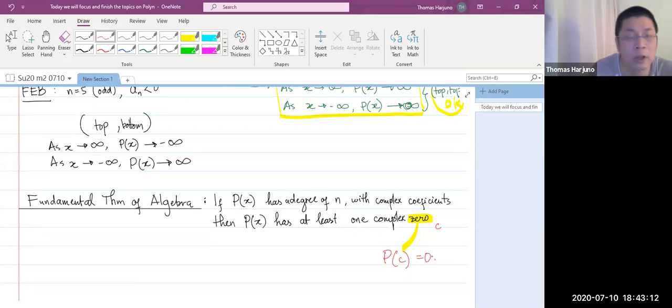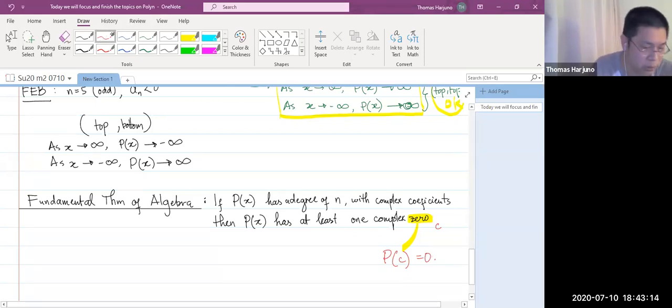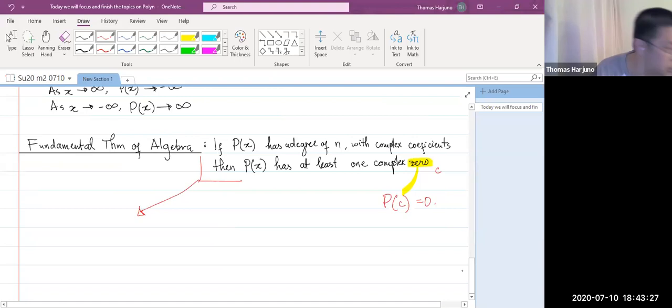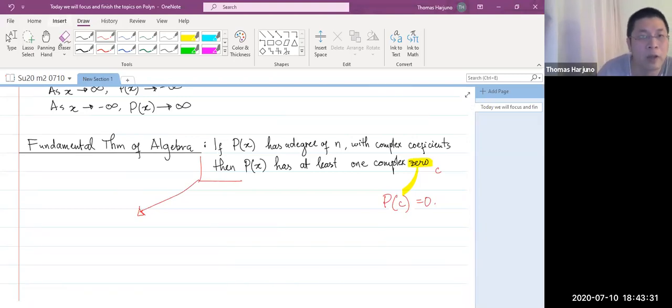Now, that's the fundamental theorem of algebra, but the consequence of it is the one I want to use. Our textbook gives it a different name, but I would just quote it as if it is the fundamental theorem of algebra.